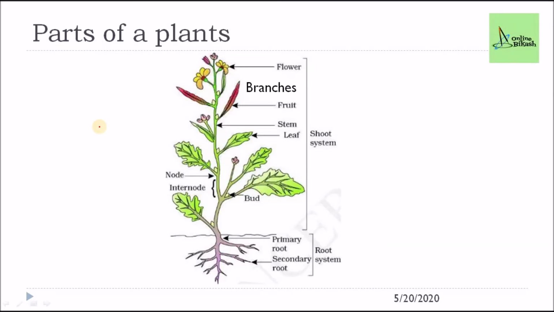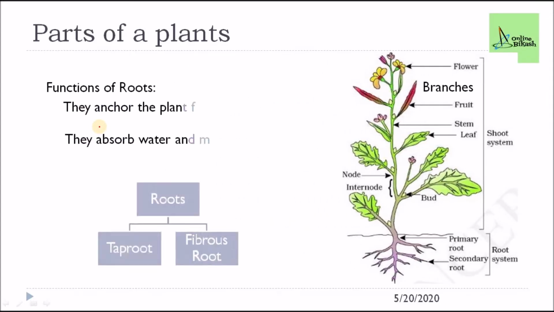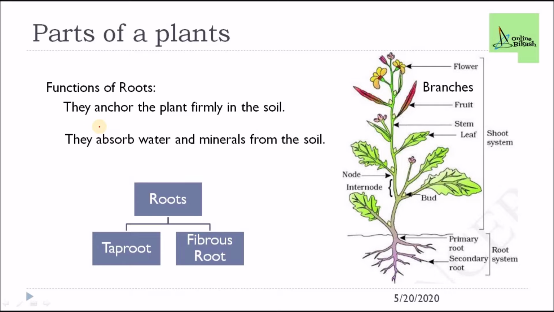Now we will discuss the parts of a plant. They have different parts: flower, branches, fruit, stem, leaf, bud, node, and they have roots. The parts of a plant are categorized mainly into two: the shoot system and the root system.